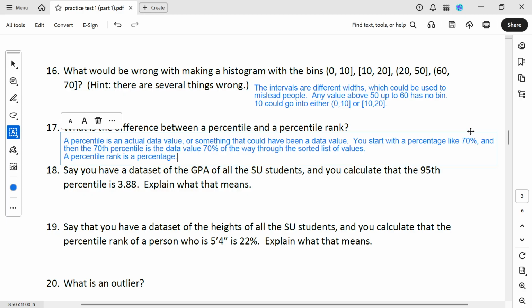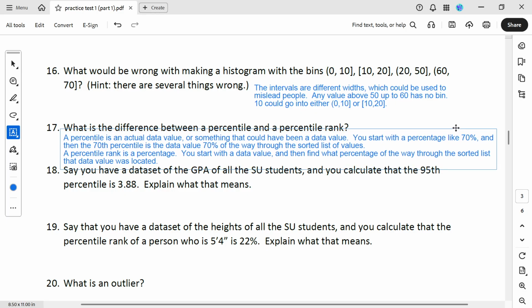Okay, versus a percentile rank, it is a percentage. So you start with a data value, the opposite, and then find what percentage of the way through the sorted list that data value was located. Okay, so it's kind of the same, but you're doing opposite things. You're starting with the opposite piece of information.